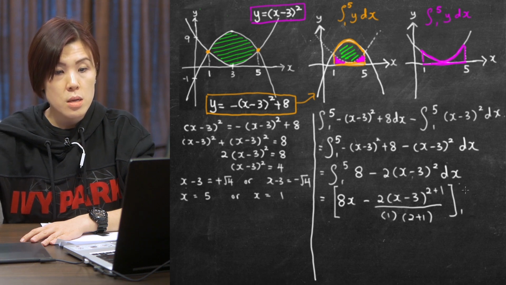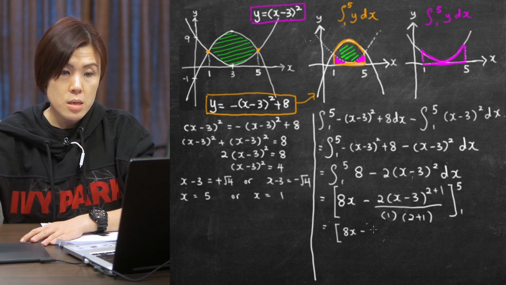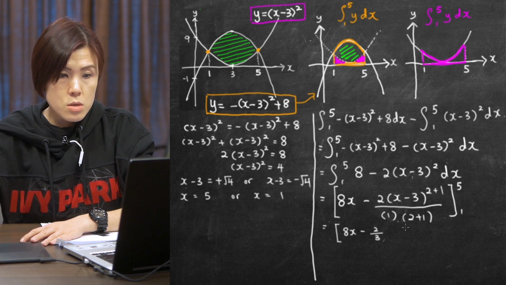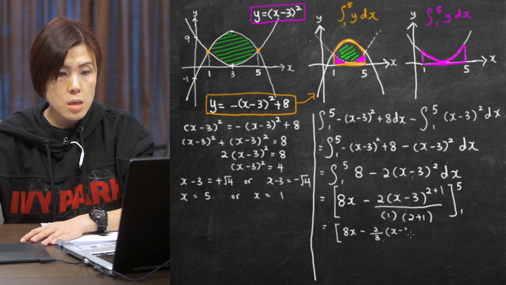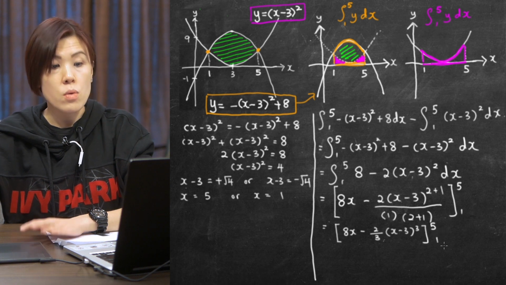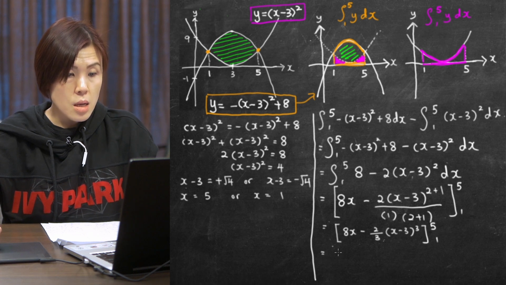Integrations 1 to 5. Then by simplifying this, we will have 8x minus, so 2 is the numerator. 2 plus 1 is 3 that I put here. So after that, in order to find this area, we will need to just put 5 and 1 in. So next steps, we just put 5.